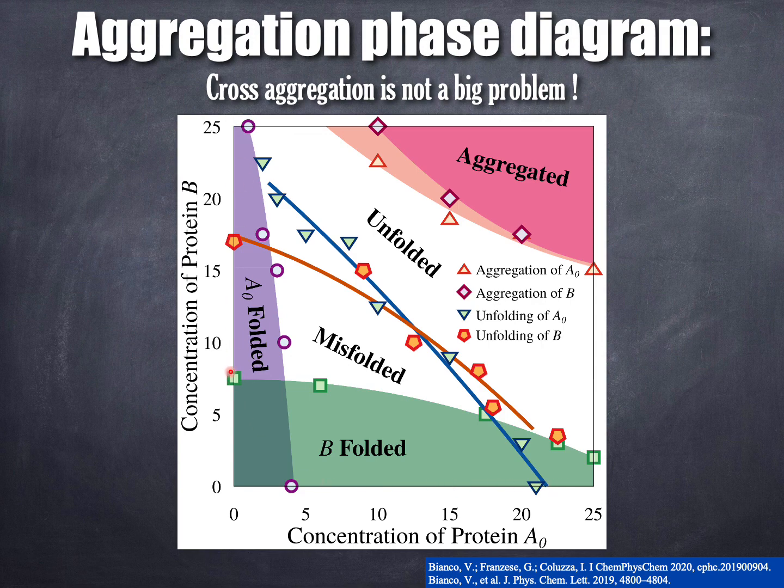And the main result is that you can see that the folded region of each protein is quite orthogonal to the others, and it doesn't really depend very much on the concentration of the other protein, which means that as long as you are below the critical concentration of each protein, there is no effect of the other protein and there is no cross aggregation.